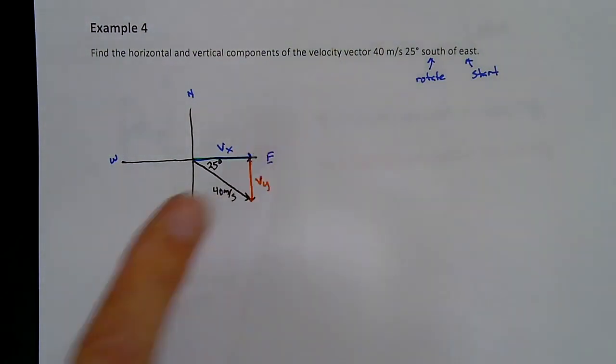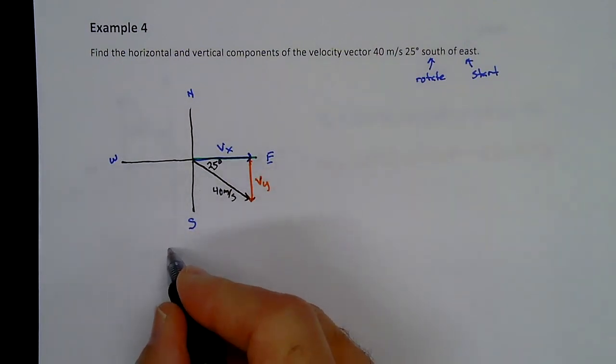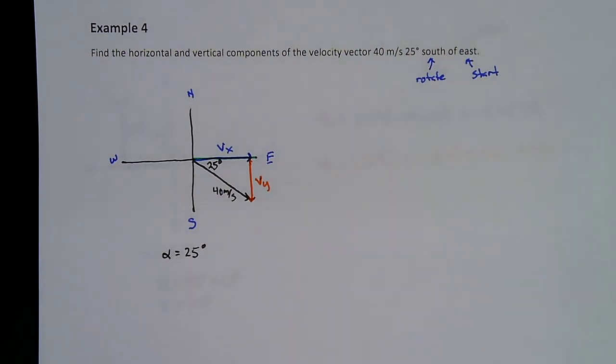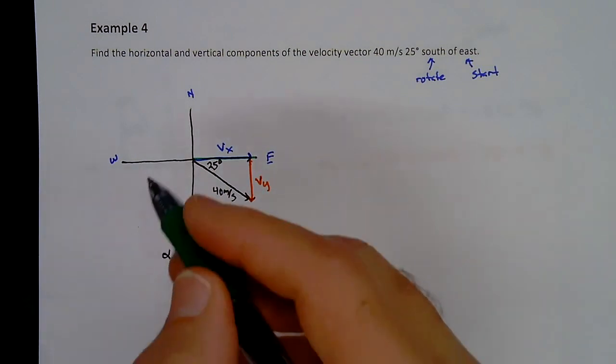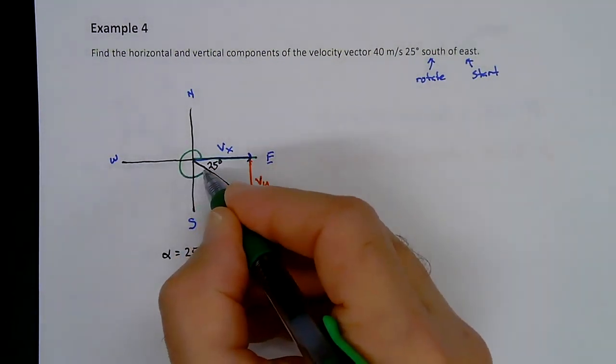Going to the right or going east is positive and going down or south is negative. So what's our angle that we rotate? Well, this alpha is 25 degrees, but that's not the angle of rotation. That's just the angle of our triangle. If we want to rotate, we got to rotate all the way to right here.